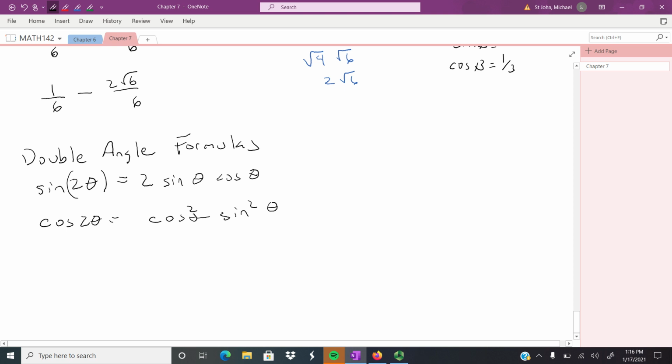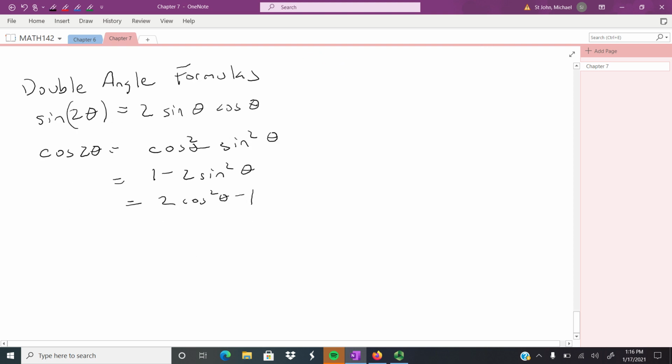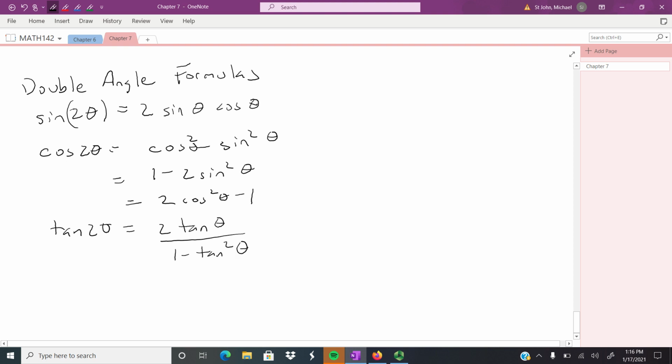Now it ends up for cosine 2 theta, there are several variations. It's also equal to 1 minus 2 sine squared theta. And it's also equal to 2 cosine squared minus 1. And then tangent 2 theta is equal to 2 tan theta over 1 minus tangent squared. So those are my double angles.